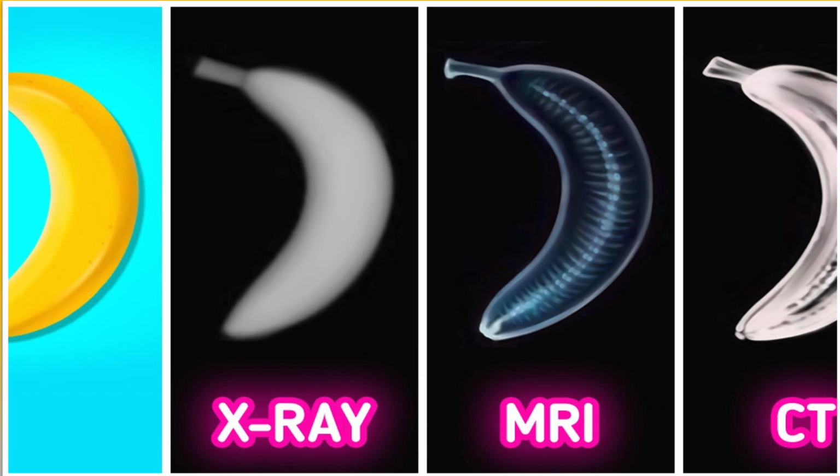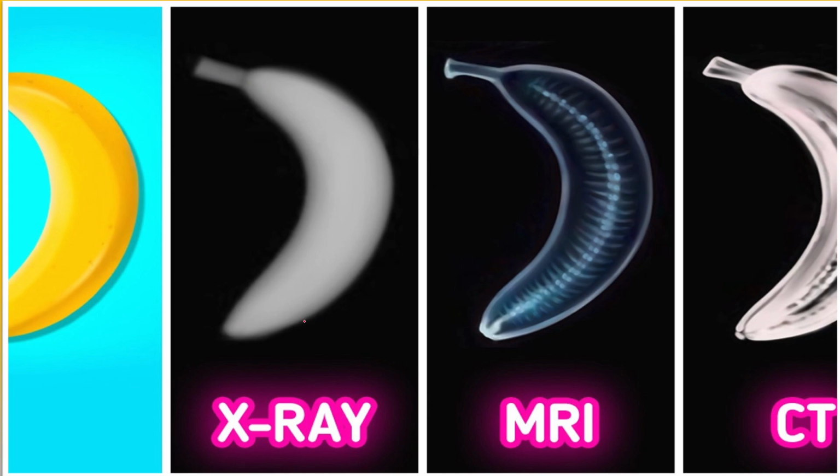Let us have an example of a banana which is scanned through different methods. This is the original banana. Now this banana is scanned through an X-ray. You know the X-rays did not penetrate any hard part, any hard tissue.